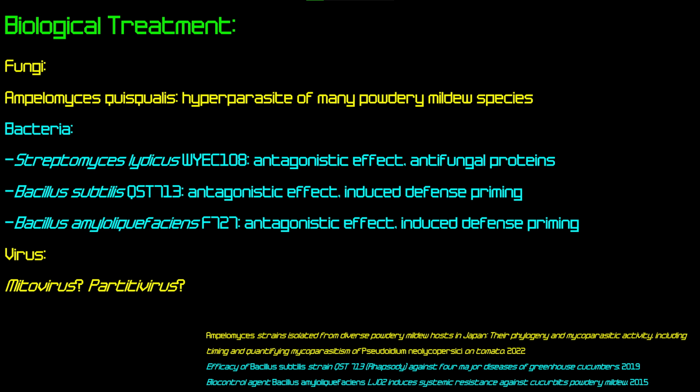Well, you apply this as a spray usually, and you apply it to the foliage, and this negatively affects the powdery mildew because it either becomes parasitized or you use a microbe that creates antagonistic reactions, produces compounds that are toxic essentially to the powdery mildew, but not to us, and so that works out.